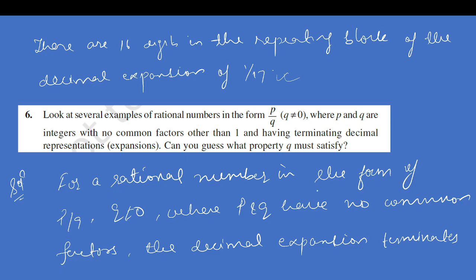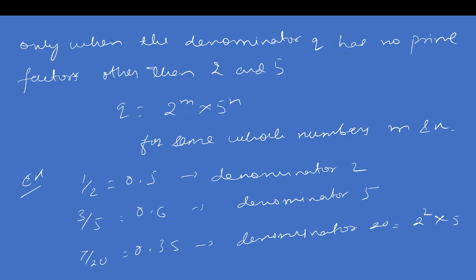For a rational number in the form of p by q, where p and q have no common factors, the decimal expansion terminates only when the denominator q has no prime factor other than 2 and 5. Prime factors mean divisible by 1 and itself.